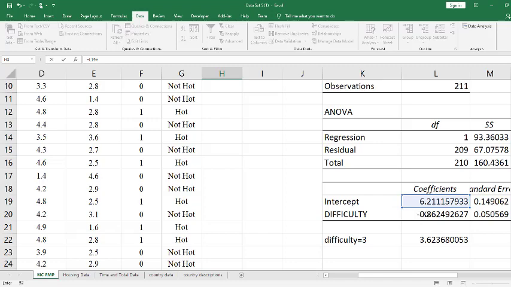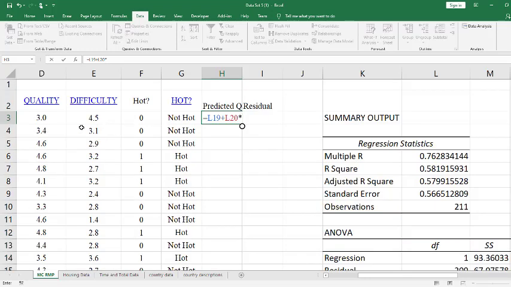So you always use plus, and then you let the negative values do the work. Plus that coefficient times whatever somebody's difficulty is. And we're of course going to have to lock these cell references, because we're going to want to do this for everybody.